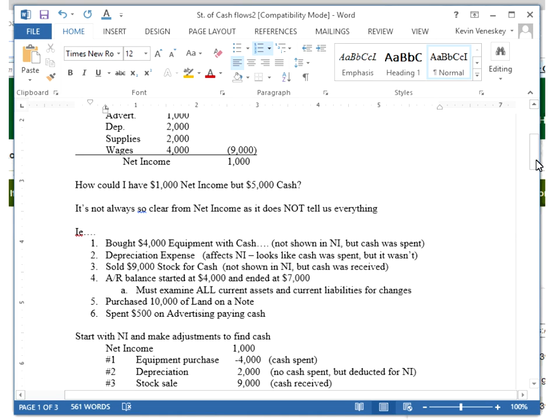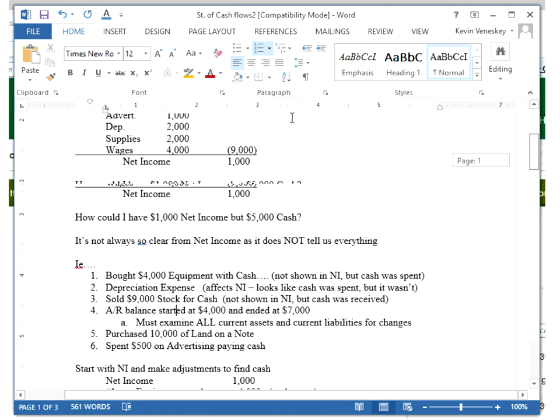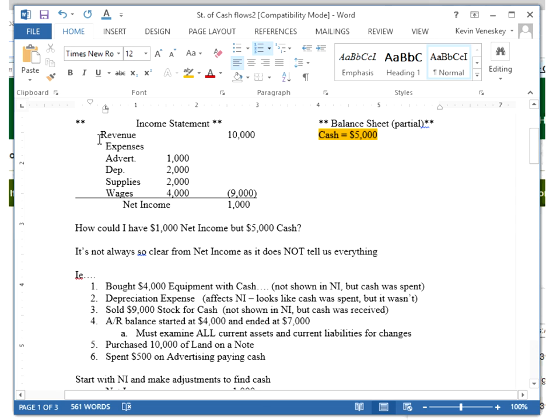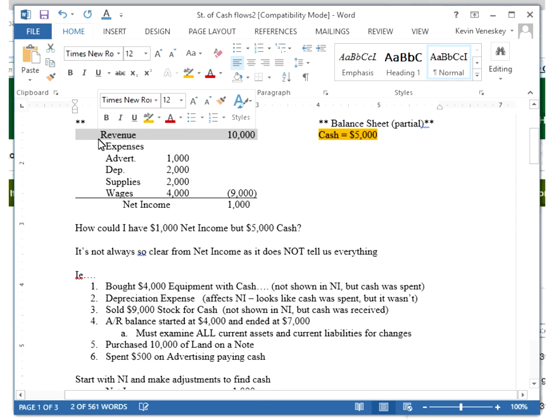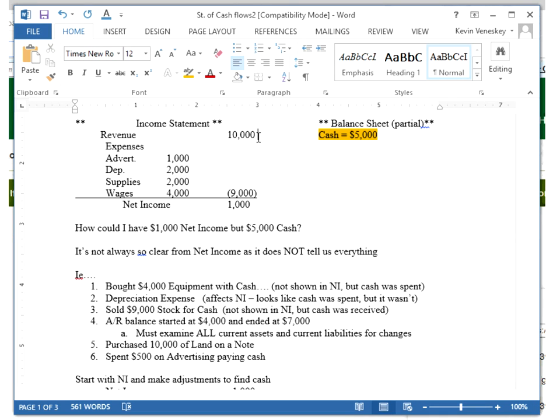So if my accounts receivable went up by 3,000, that means that of this 10,000 in revenue, only 7,000 came in via cash. So when I thought I had 10,000 coming in as cash, that's not accurate, really, by looking at the AR. Because AR went up 3,000, I really didn't get all the cash that I thought.